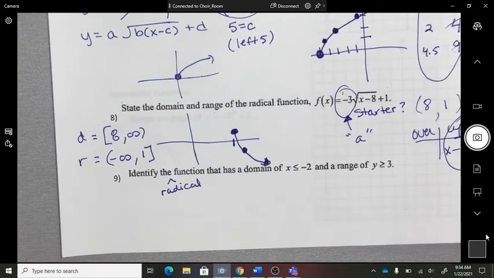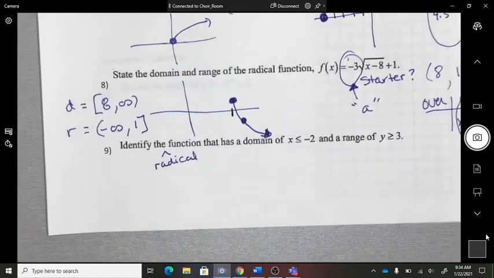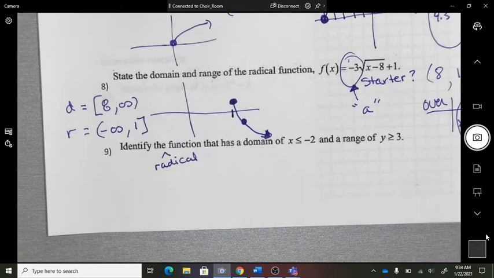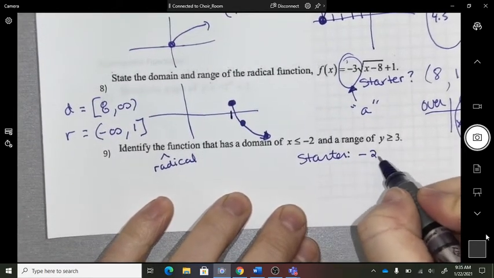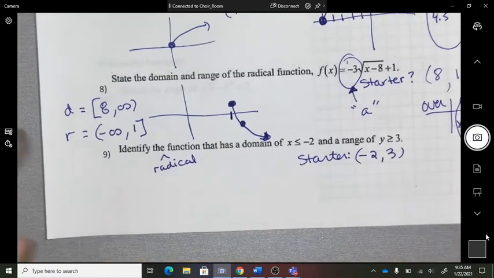Okay, number 9, I probably should have told you that I would like a radical function here, so you have to kind of go backwards. Can you write a function if I give you the domain? Okay, so this, I have a starter point.